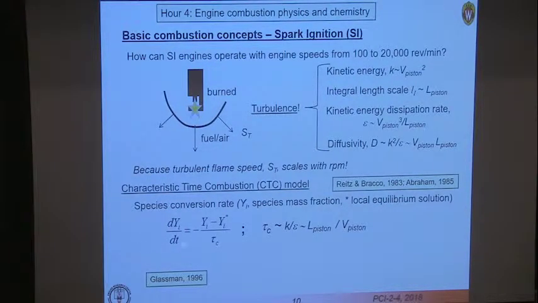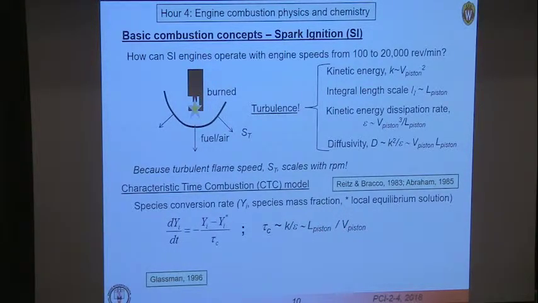If you consider a species in your combustion chamber, maybe fuel, you say that the rate of change of fuel with time, fuel consumption rate, is equal to the difference between the local fuel concentration and its equilibrium value, which in the case of fuel would be 0, right? Divided by a time scale. And this time scale is the turbulent time scale determined from the piston dimensions and the piston velocity.